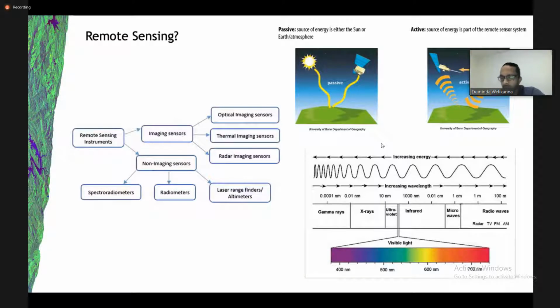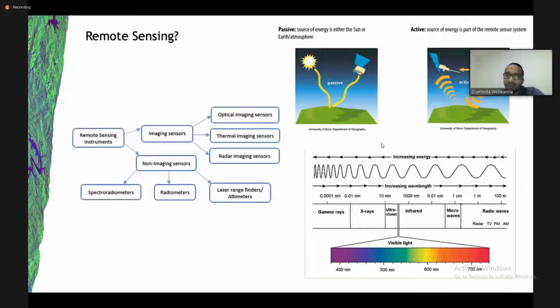So in order to process a satellite image, we have to understand what this image is telling us. It's a language, and we should understand how to read it. So, passive and active sensors: passive sensors depend on the sun's radiation, and active sensors depend on their own energy. So radar sensors are active, while thermal and optical sensors are passive.